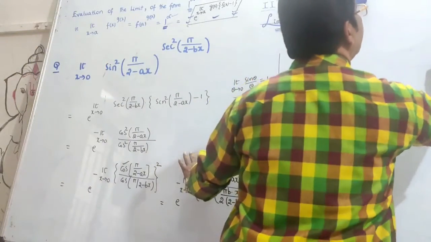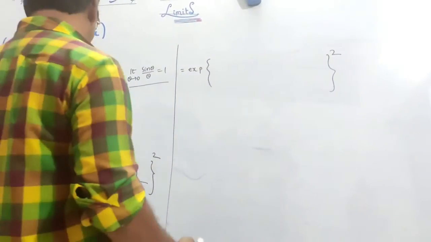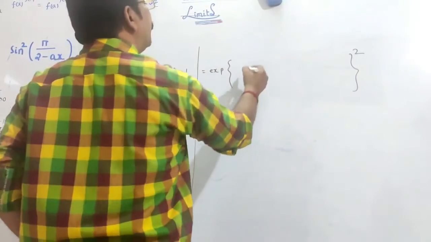Next, it is whole square, same. Limit x tends to 0.